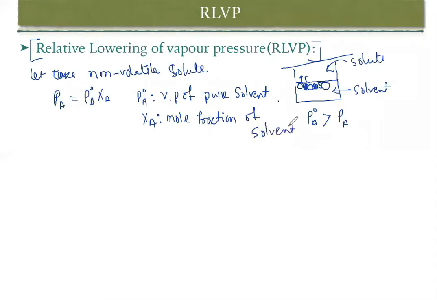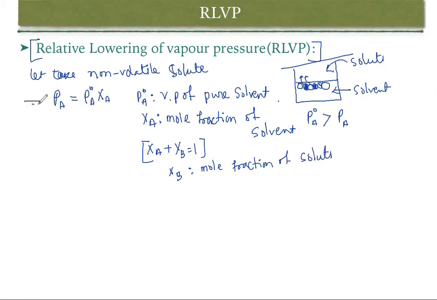As we already know, XA plus XB is equal to 1, where XB is the mole fraction of solute. Now this is the Raoult's law equation.